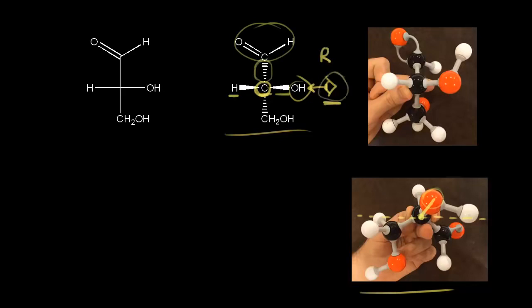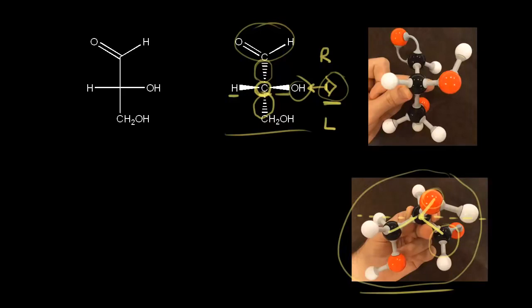So the aldehyde is going down relative to the sheet of paper, and it's to the right. So here's our aldehyde going down and to the right, and then this would be your left side. The CH2OH is also going down, but it'd be going down and to the left. So here we can see the CH2OH going down and to the left. And once you have this picture, it's easy to assign a configuration to your chiral center. So that was the first method.